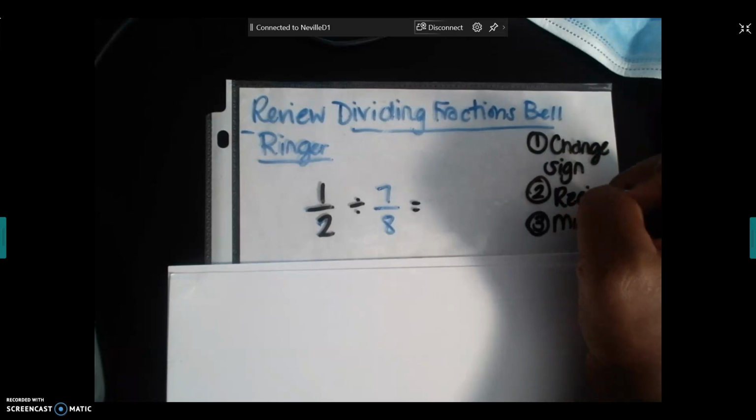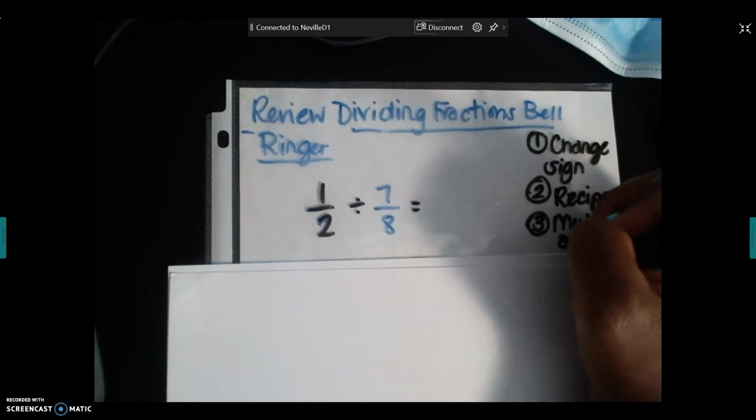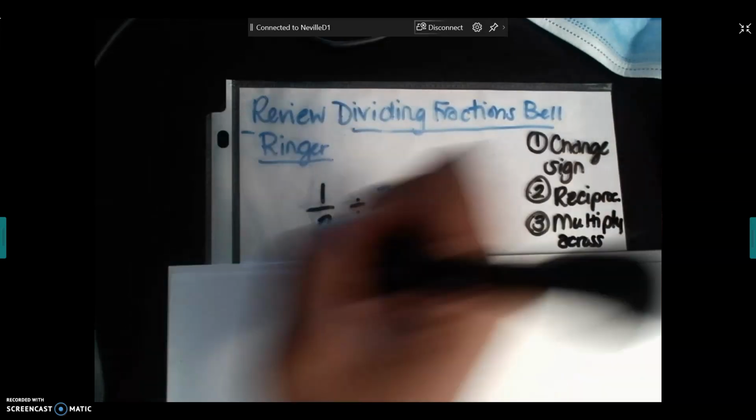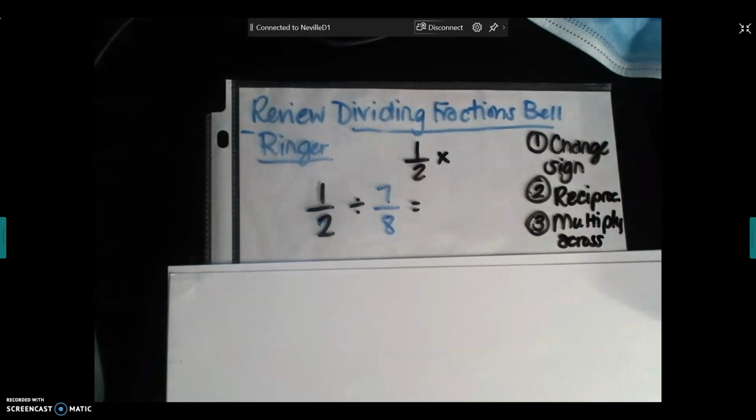Then multiply across. So when we do that, we now have 1/2 times what, y'all? 8/7.